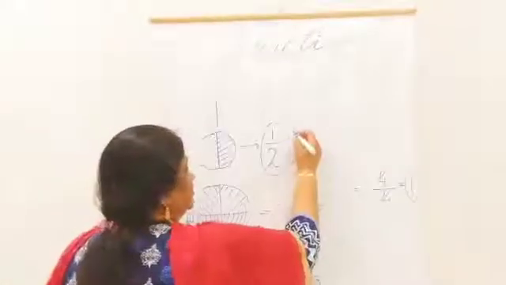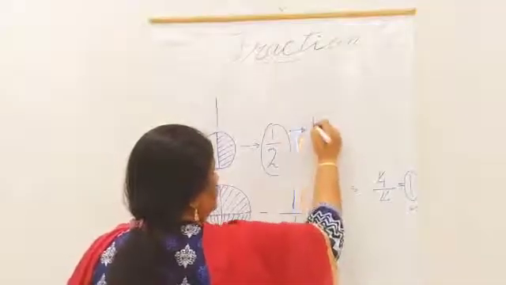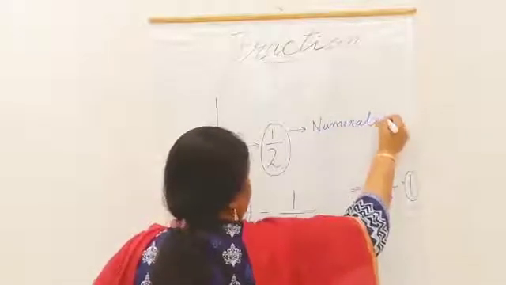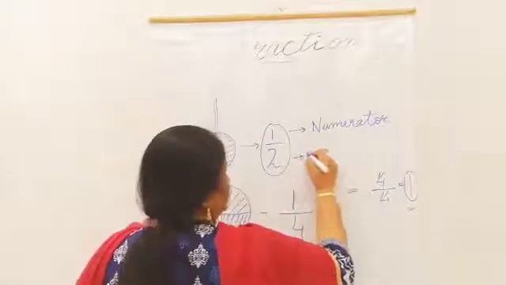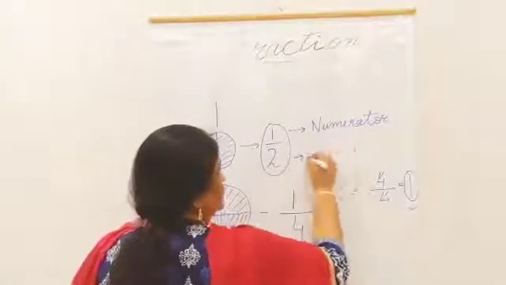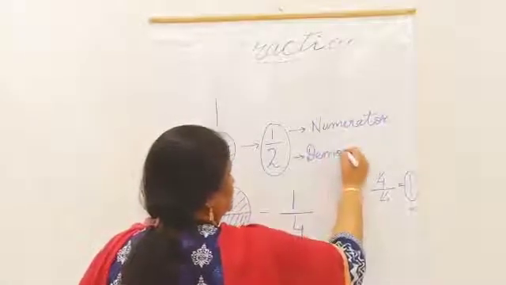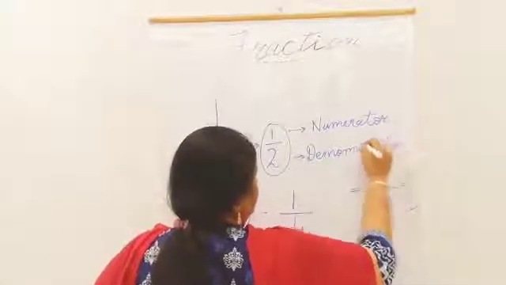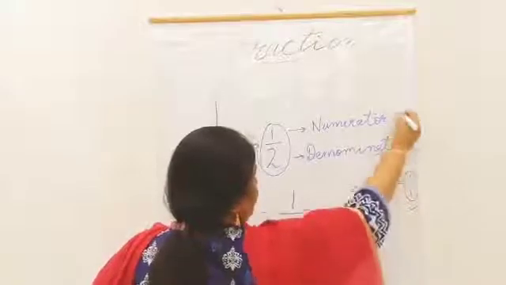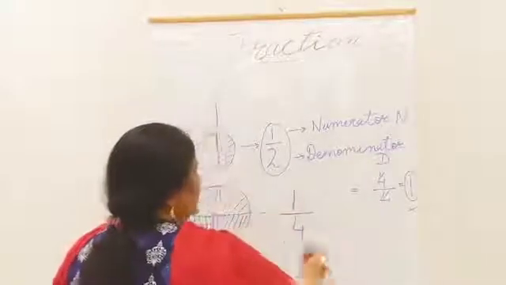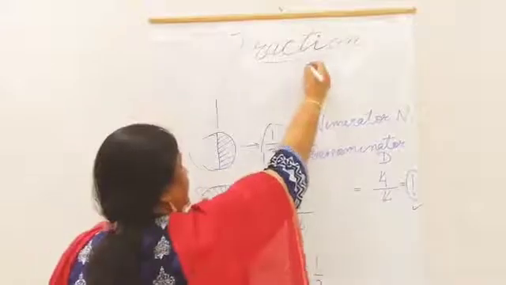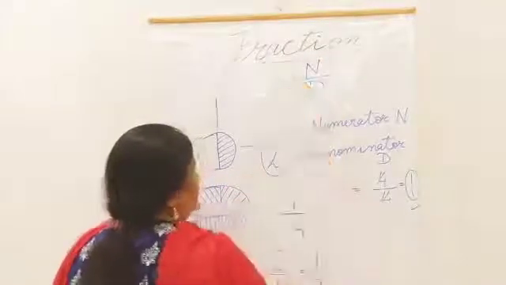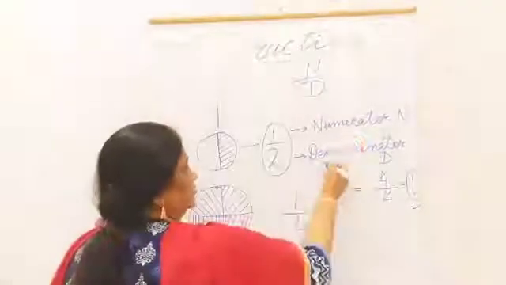Now the number on the top is called the numerator, and the number below the numerator is the denominator. We write it like this, n upon D. We write numerator and denominator.